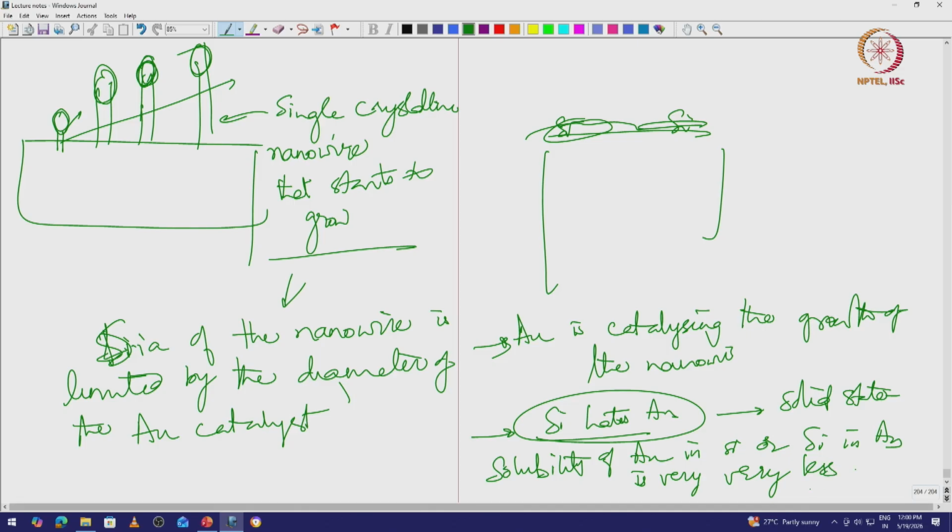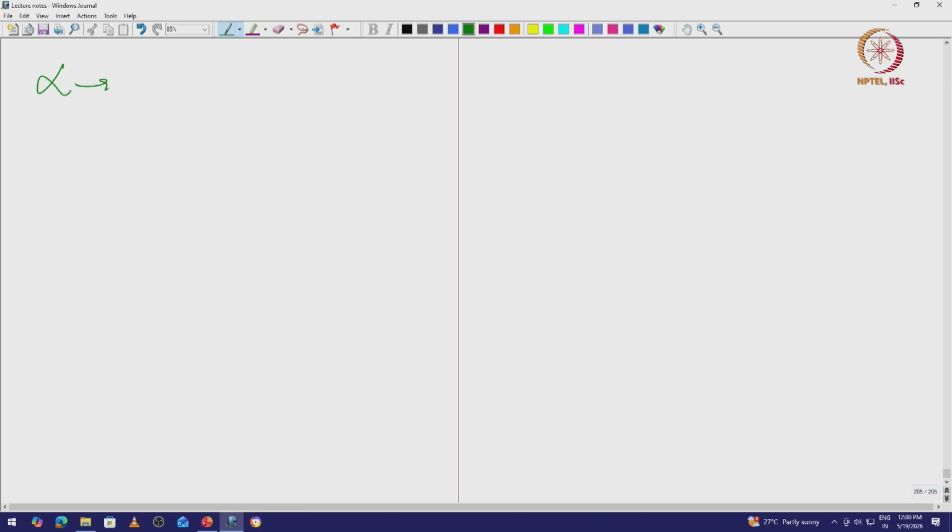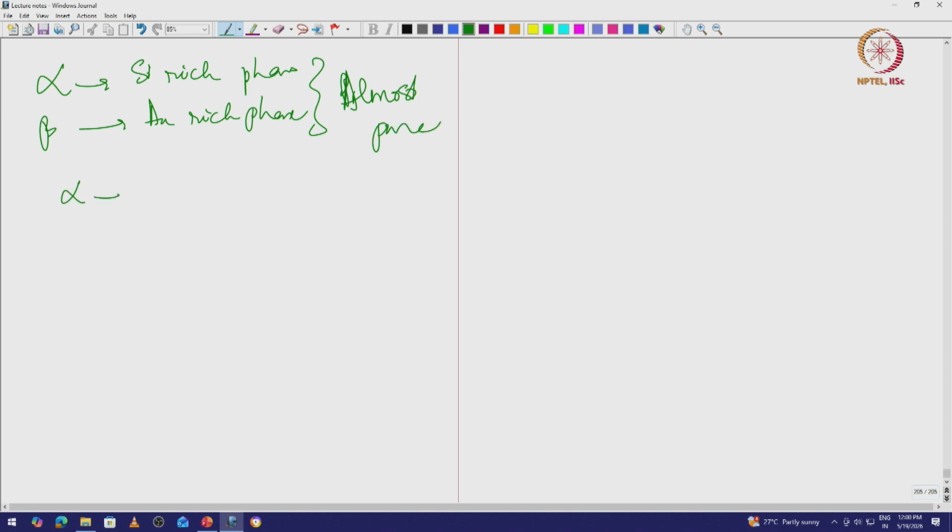So in the solid state, when I talk about alpha and beta phases, alpha, let us say, is a silicon-rich phase and beta is a gold-rich phase, both of them almost pure. Alpha will have almost 100% silicon, beta will have almost 100% gold.